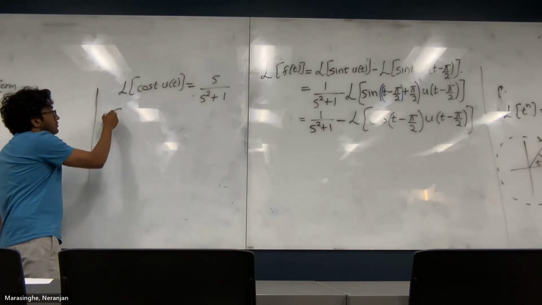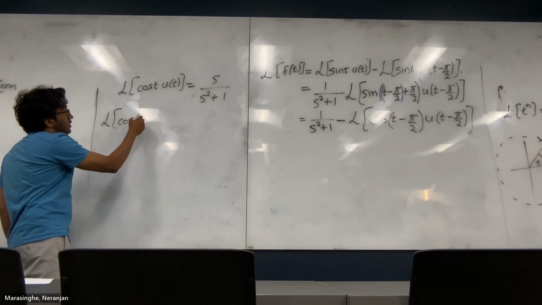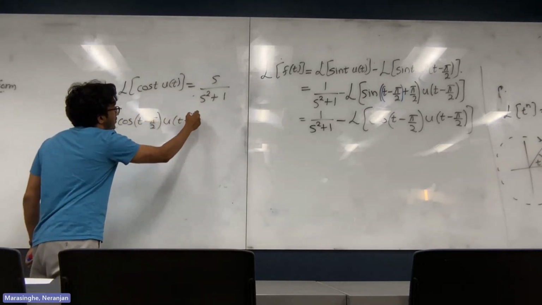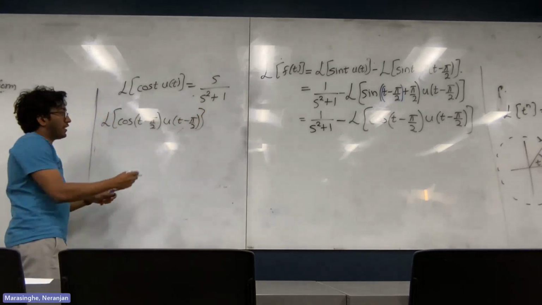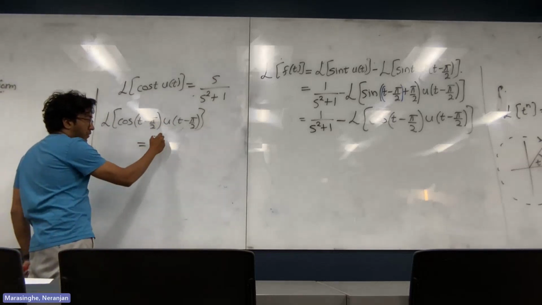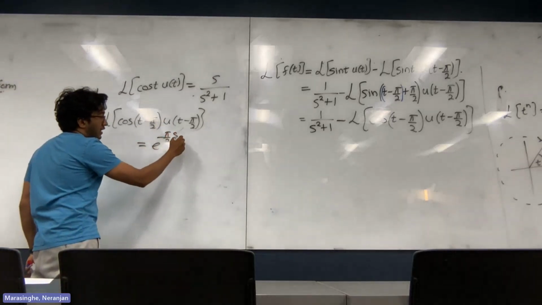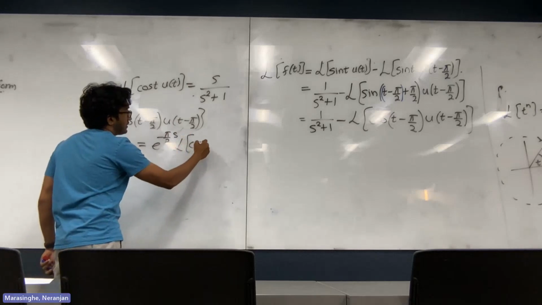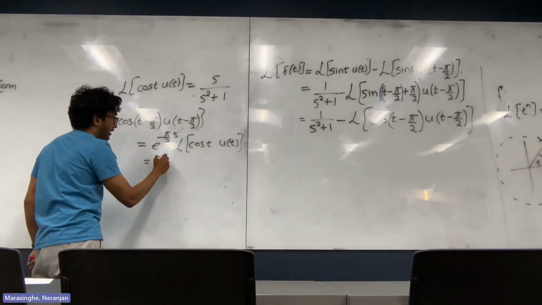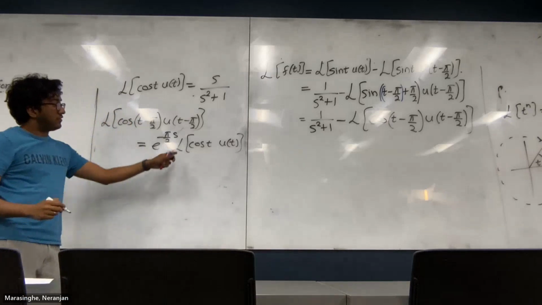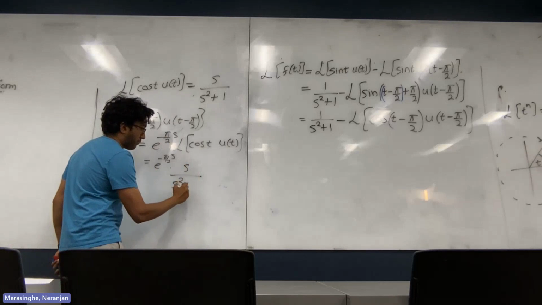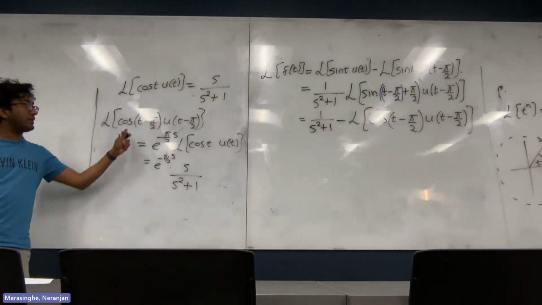The Laplace of cosine of t minus pi divided by 2 times u(t minus pi divided by 2), by the second translation theorem, is equal to e to the minus pi divided by 2 s times the Laplace of cosine t u(t), which is s divided by s squared plus 1.